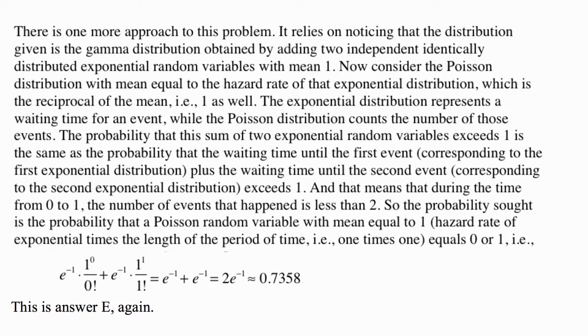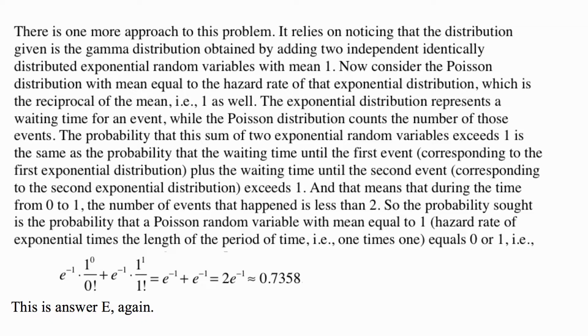And that means that during the time from 0 to 1, the number of events that happened is less than 2, because you're still waiting for the second event, effectively. You're adding 2 exponential distributions.